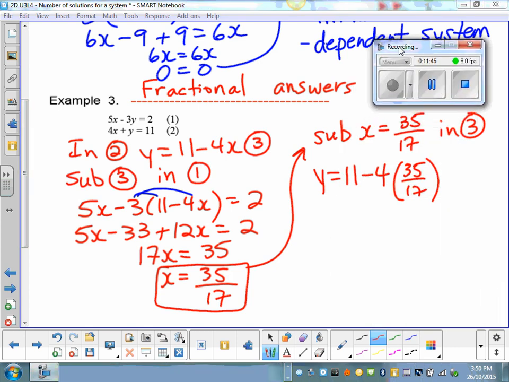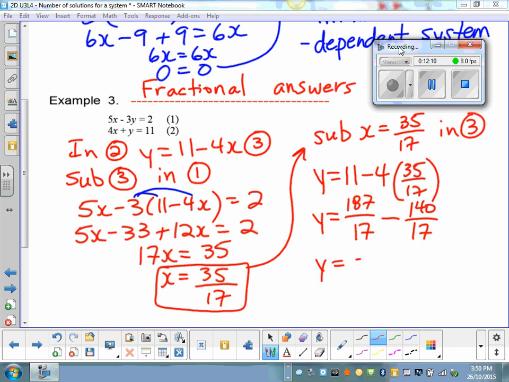So if I'm going to combine the 11 with what comes after it, I'm going to need to get a common denominator, which is 17. So 11 times 17 is going to give me 187 minus, I have 17 on the bottom here, and 4 times 35 is going to give me 140.